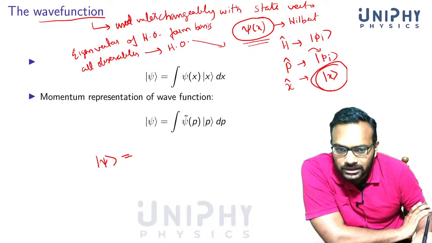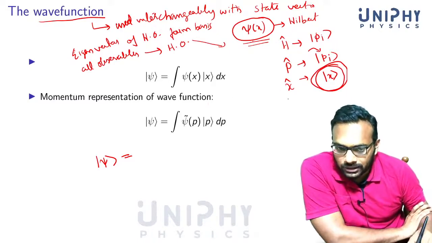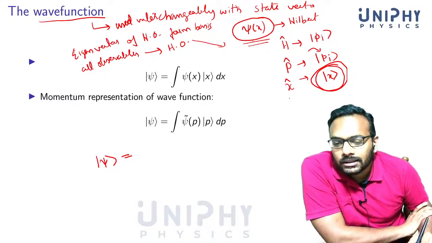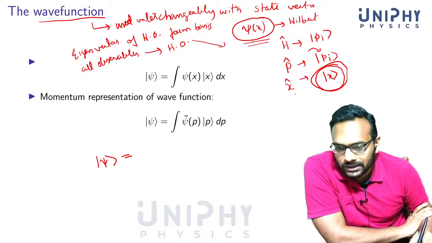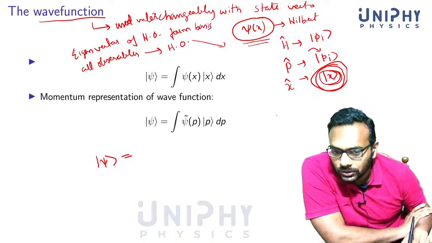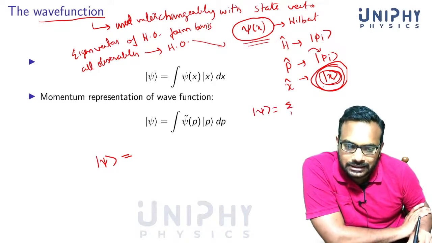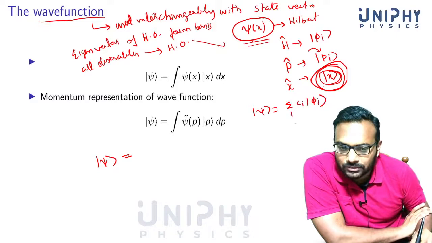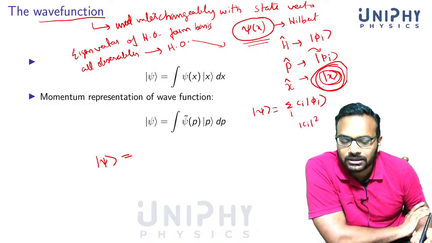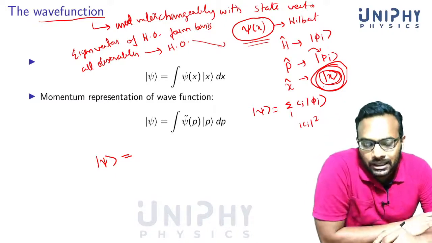Earlier, for discrete eigenvalues, we said the state is the summation over i of ci phi i, and that the modulus of ci squared is associated with the probability of measuring energies. Hereafter I'll assume that these are normalized.